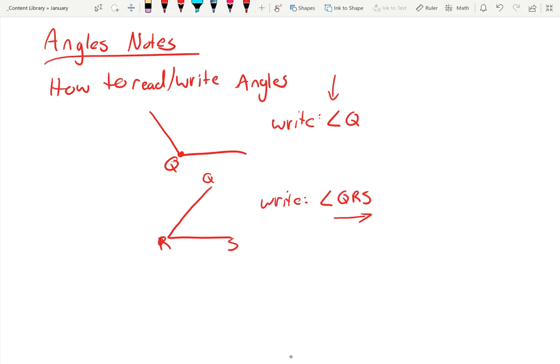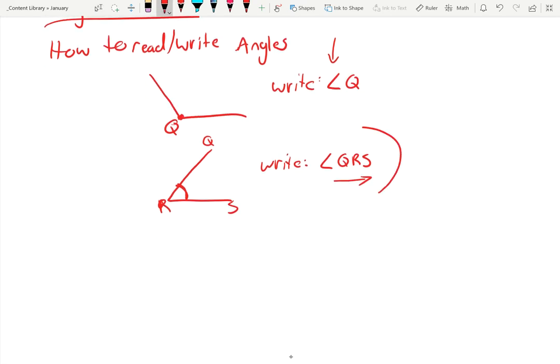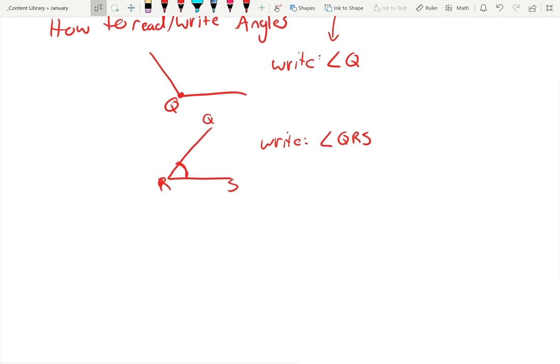The reason we have to be that specific rather than just saying angle R, you have a good point on that example, but the reason you're going to see this a lot and why the order is so important is because we'll have angles that look like this. Let me add one to this.